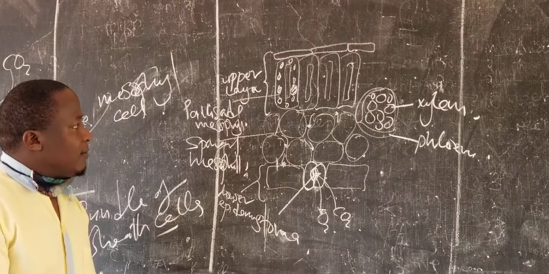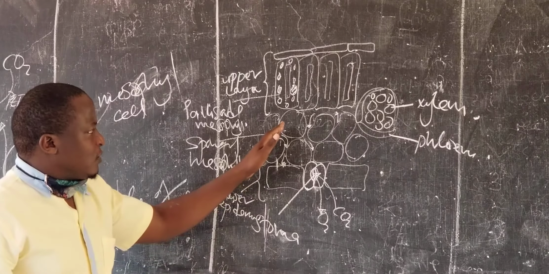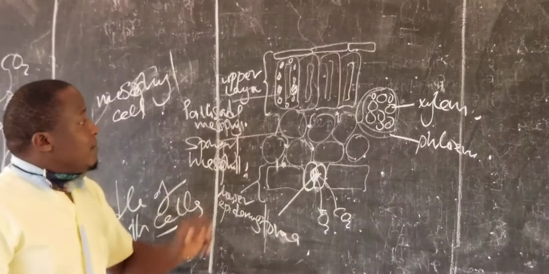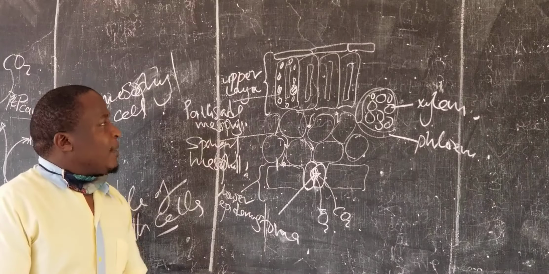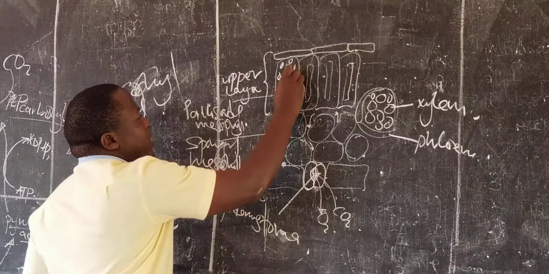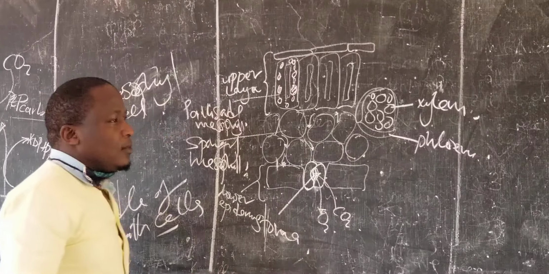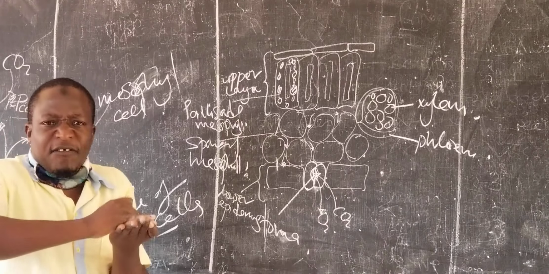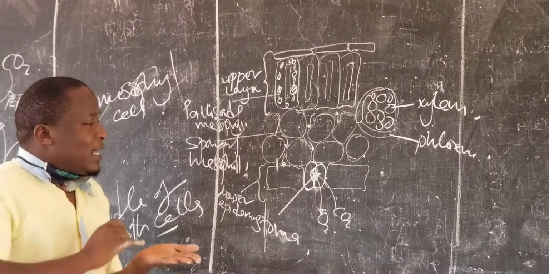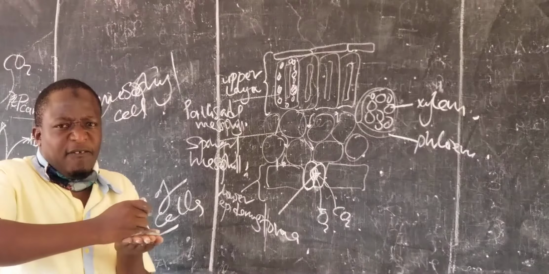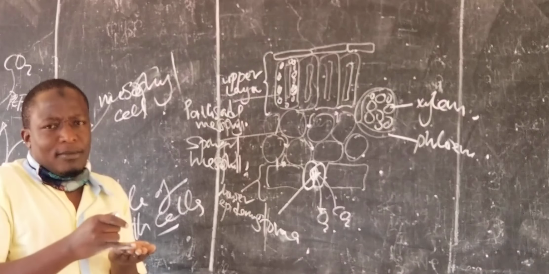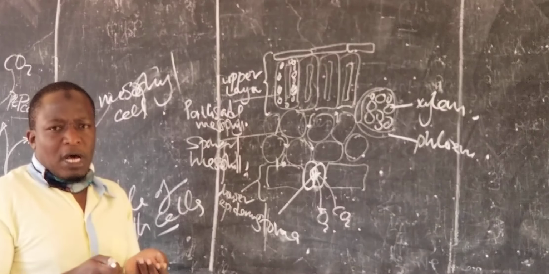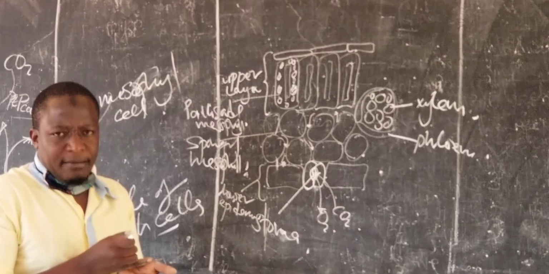From the several functions, however, our attention is more on nutrition now. The palisade mesophyll layer has chloroplasts, numerous of them. If you look at the upper surface of any leaf, you realize that it happens to be more green. And when you turn it around to the lower side, you will appreciate that the green there is lighter.